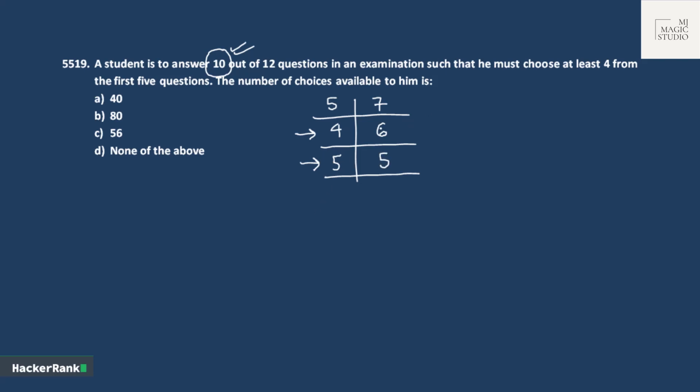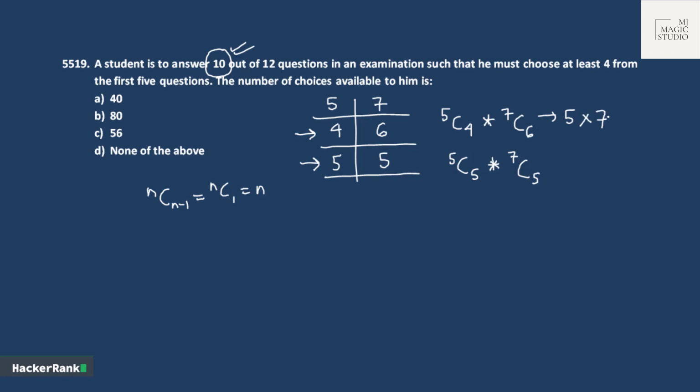So in case 1, in how many ways can he do this selection? That is combination 5C4 into 7C6. And the second case would be 5C5 into 7C5. 5C4 is 5. We know that nC(n minus 1) is the same as nC1, which equals n.